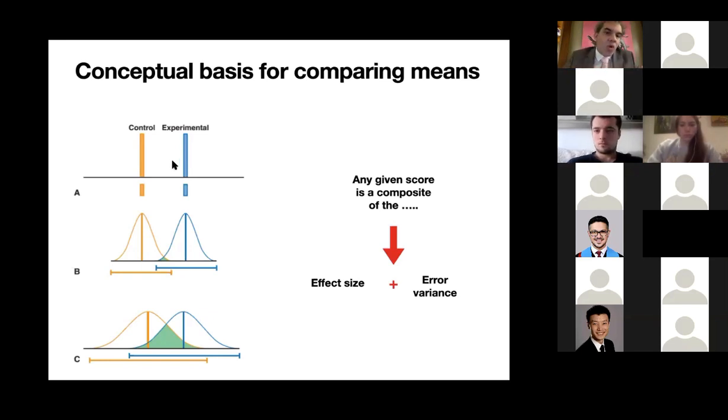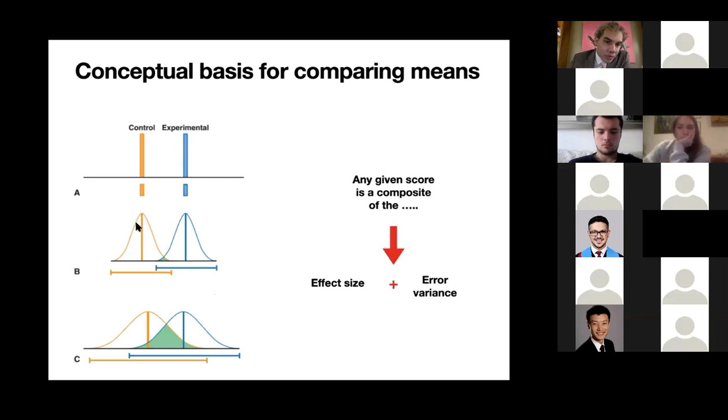So clinical research does not have these graphs of control and experiment, but graphs more like B and C. Here you see what I told you. This is the mean for the control group, and this is the mean for the experimental group. So this difference between the means will be my effect size.